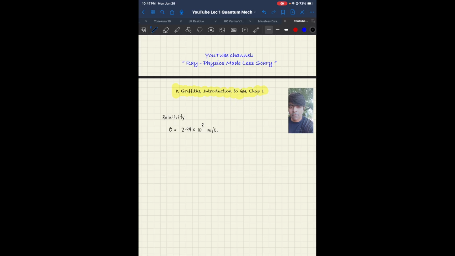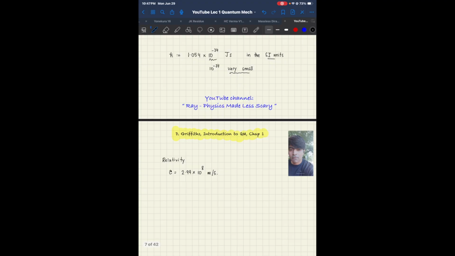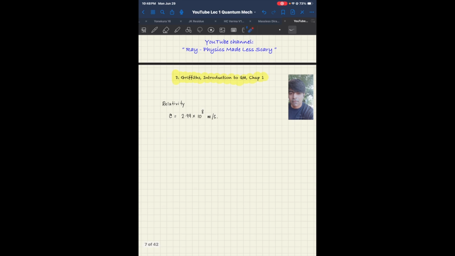So it's because of these constants, the smallness of Planck's constant and the largeness of the speed of light, that you don't visibly see the quantum world or the relativity world. So yeah.